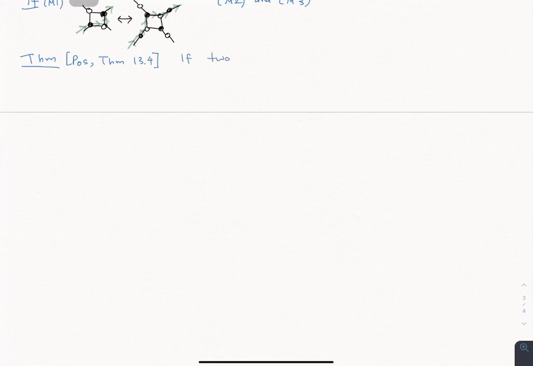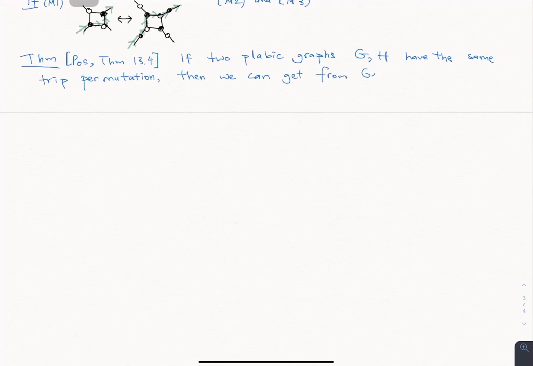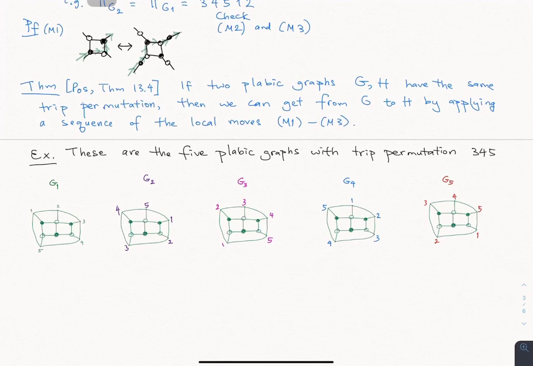So if two Plabic graphs, let's say G and H, have the same trip permutation, then we can get from G to H by applying a sequence of the local moves M1 through M3. Location was 3, 4, 5, 1, 2.